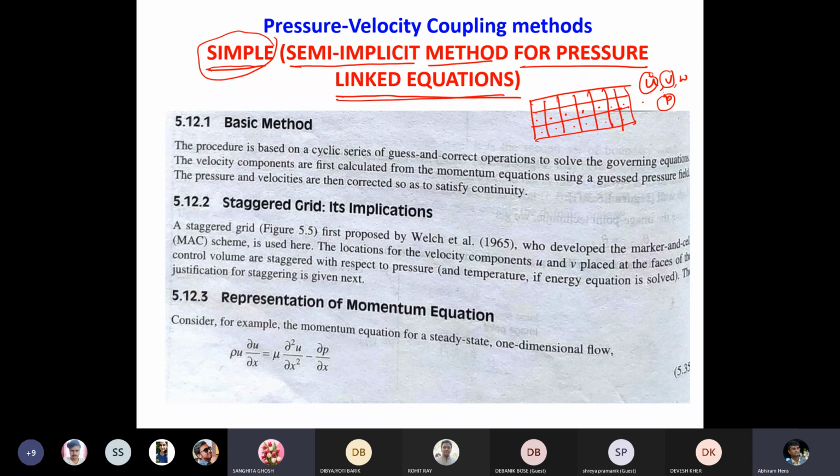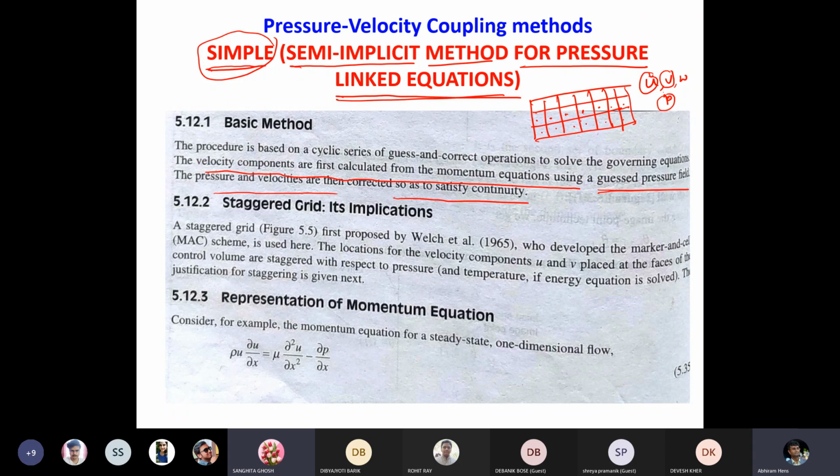What it states is that velocity components are first calculated from the momentum equation using a guessed pressure field. The pressure and velocities are then corrected to satisfy the continuity equation. You first guess a pressure field, and based on that you calculate the velocity.